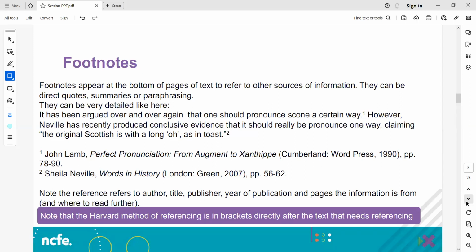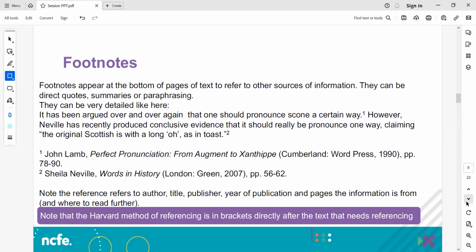And these footnotes have used the Harvard method of referencing, which is the one which is most commonly required if you are ever writing academic texts. For example, if you're studying for a qualification, higher education, they will expect you to use Harvard referencing generally.